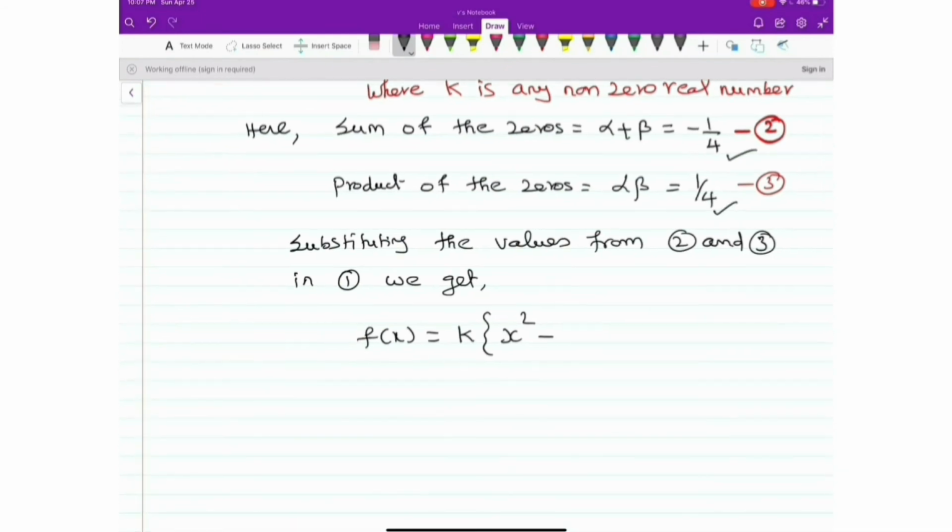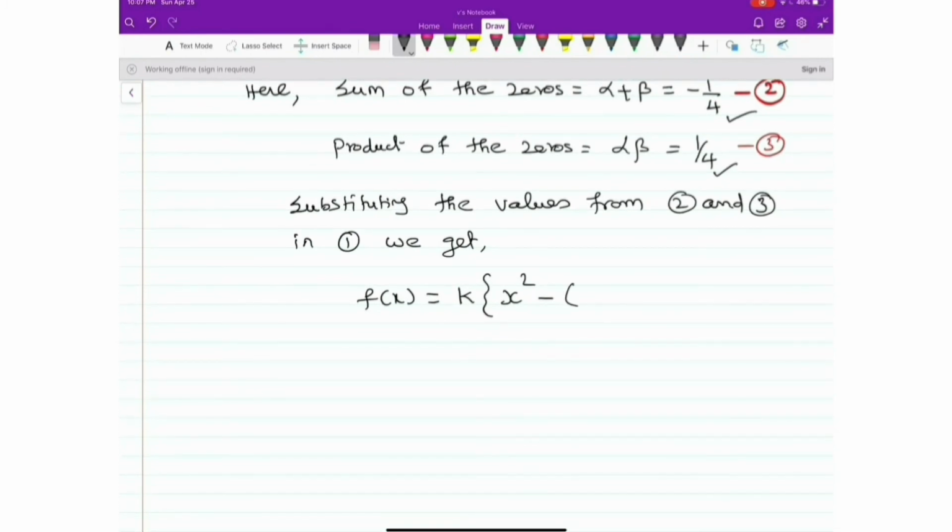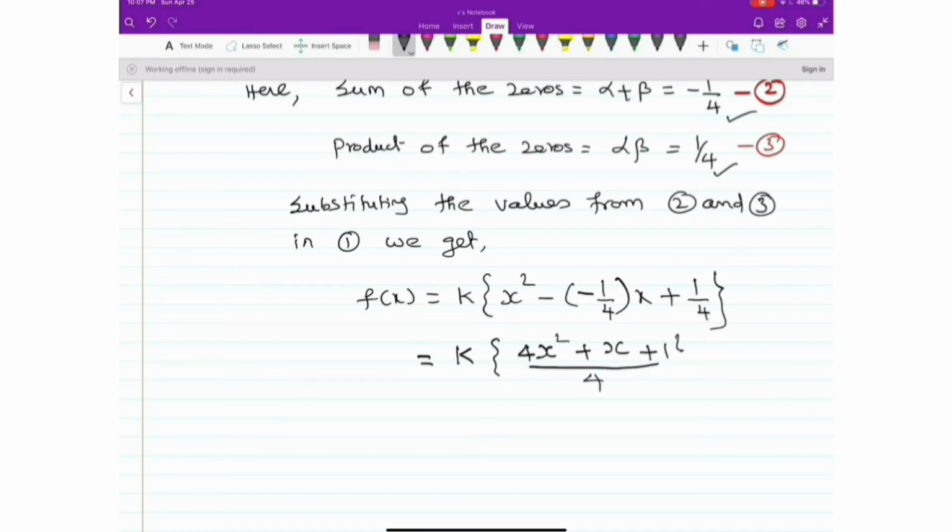Let us substitute here. We will be getting minus 1 by 4 into x plus 1 by 4. This is equal to, when I take LCM, I will be getting 4x square plus x plus 1 by 4. Again, this 4 can be taken out. So, k by 4 and here I will be having 4x square plus x plus 1.